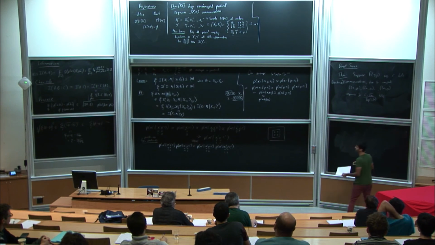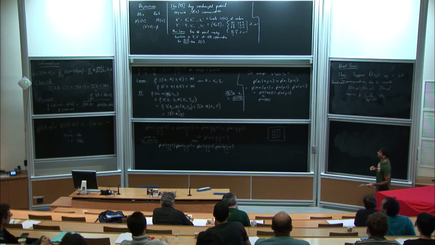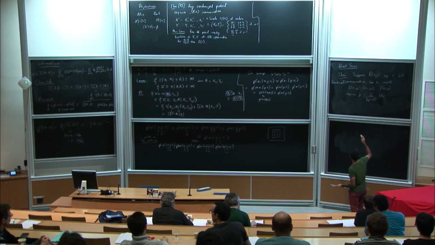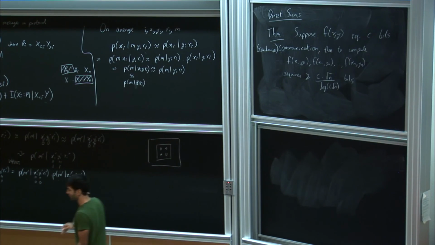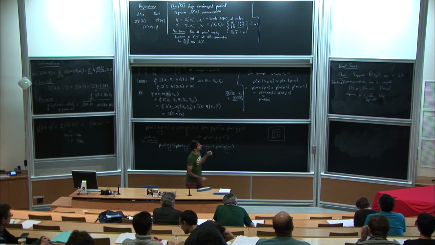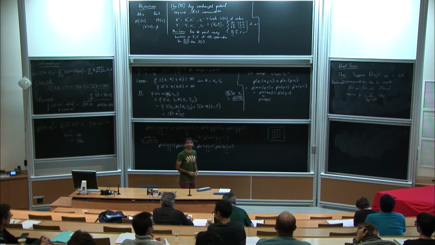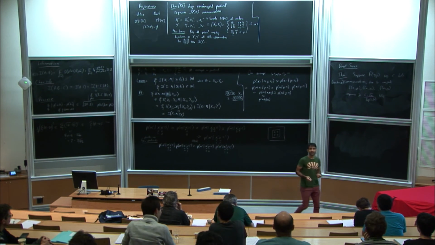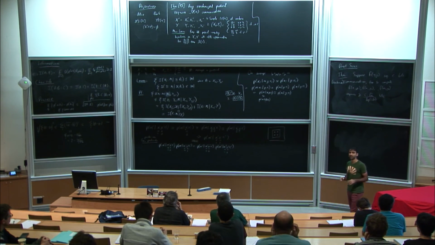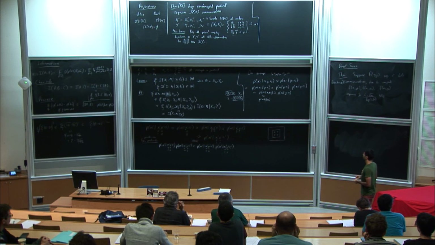The first thing you can do is say that if f requires c bits of communication, then there's actually a hard distribution on the inputs that requires c bits of communication. That's something you can prove by von Neumann's min-max theorem.